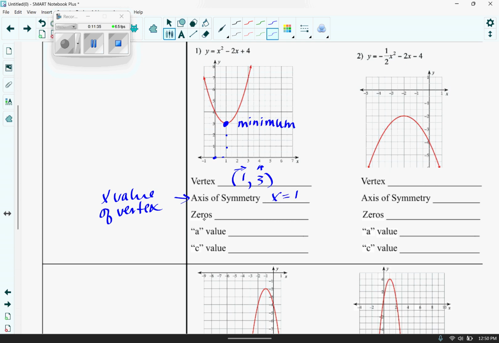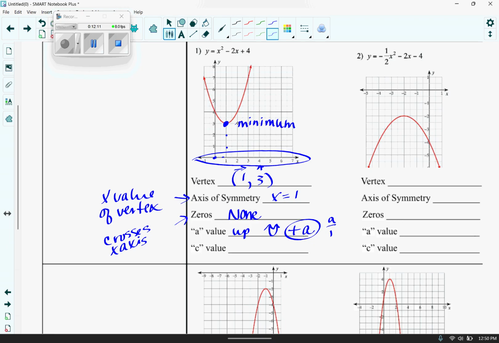The zeros, that's where it crosses the x-axis. Well, there's none. You can write none, you can write no real solution. Don't write zeros. The A value here, is it positive or negative? Since it's opening up, it's going to be positive A. I can also find the exact A because I want the A value over 1.